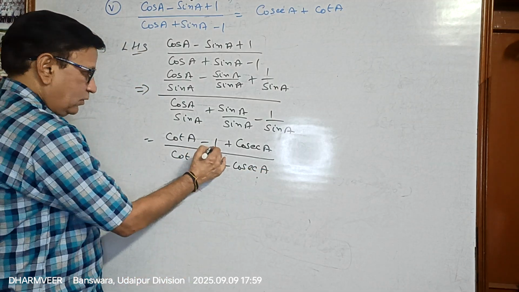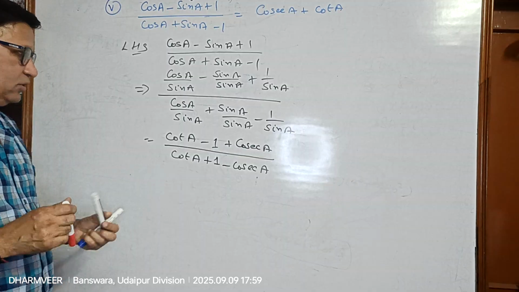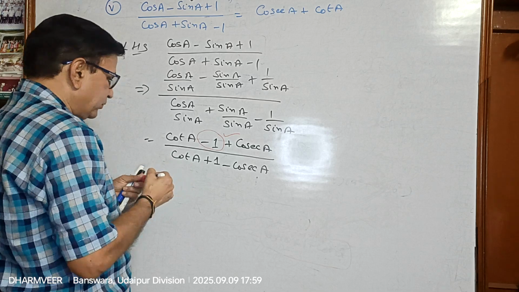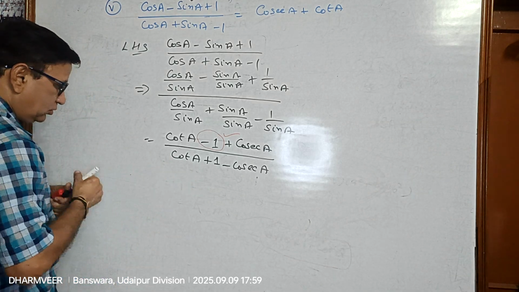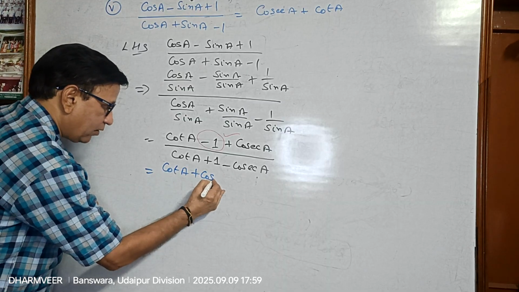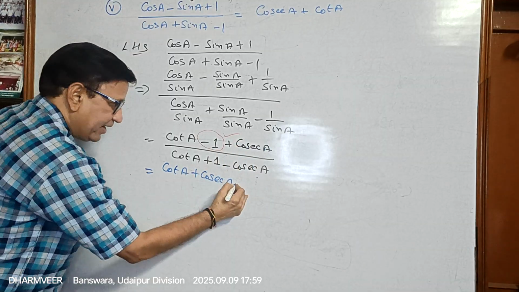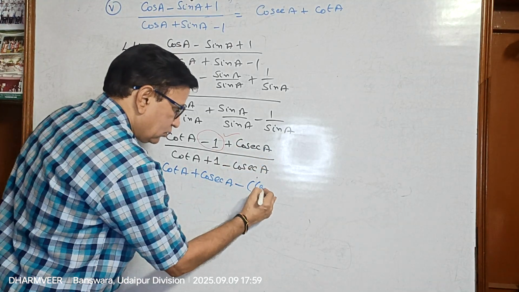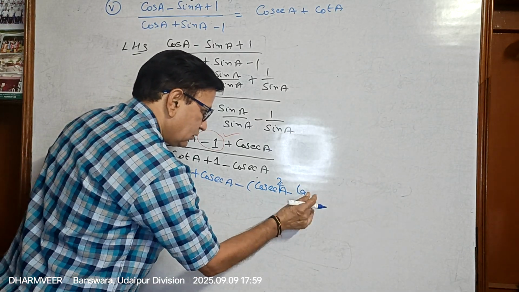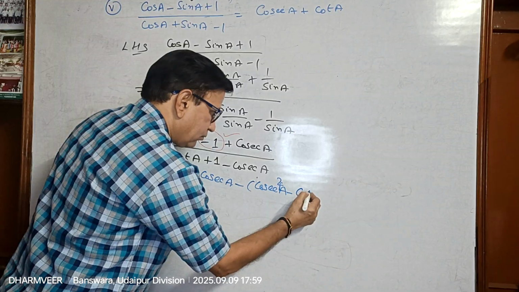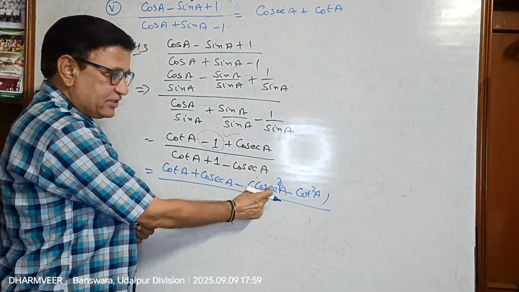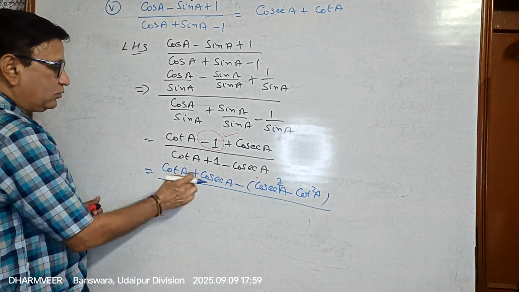Clear beta? Now you have to change this one. We apply the identity. It means we write here cot A plus cosec A, and this 1 we write as cosec square A minus cot square A. This is the identity: cosec square theta minus cot square theta equals 1, because the question is in sin, cot and cosec.